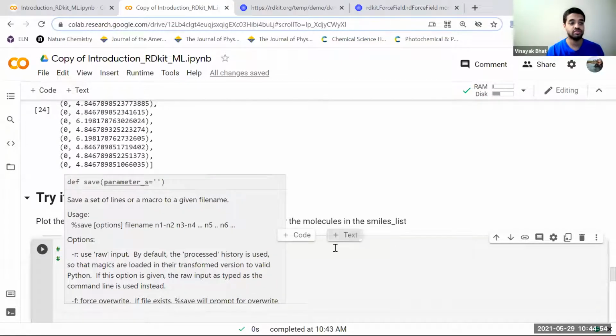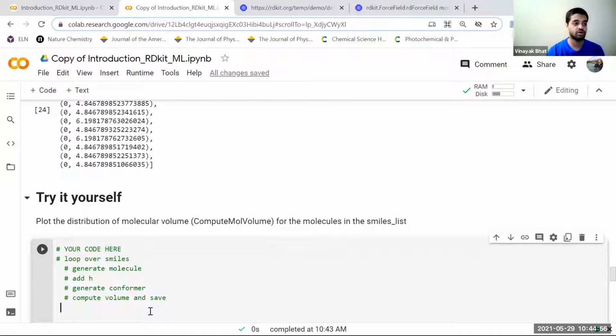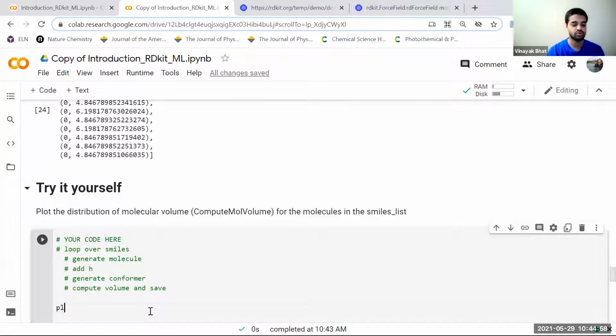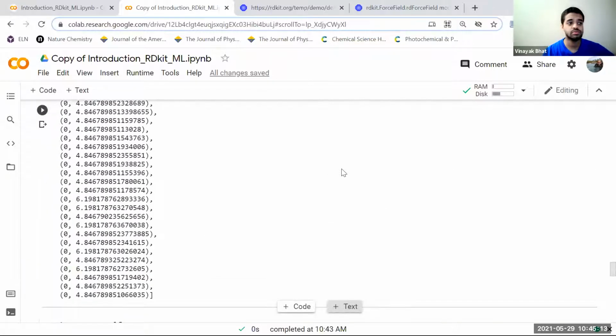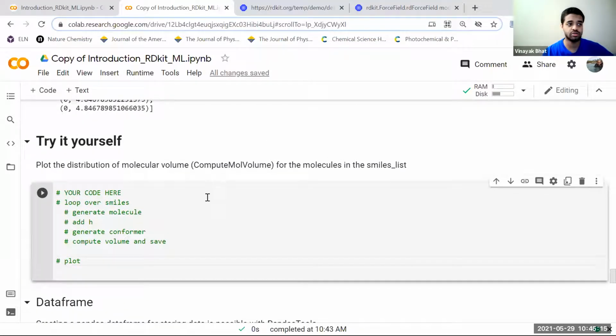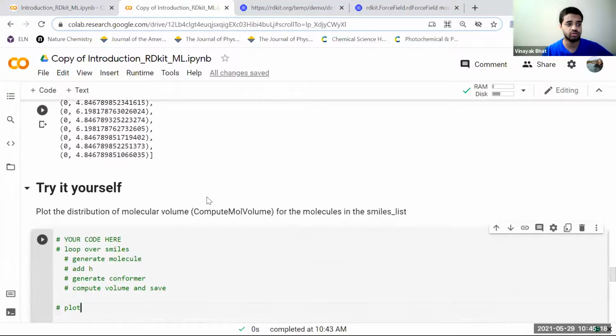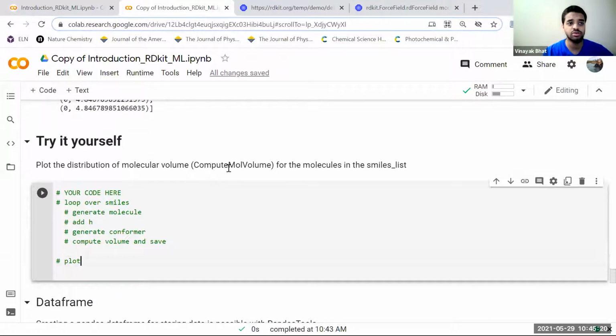Once you're out of the loop, do you have any questions until this point? I'll give you a couple of minutes to work on this code, which is to plot the molecule volume distribution.